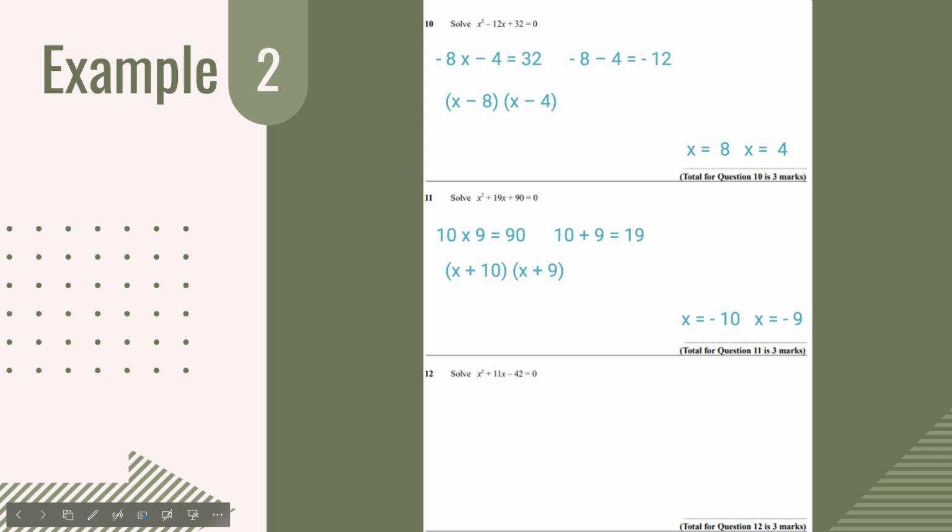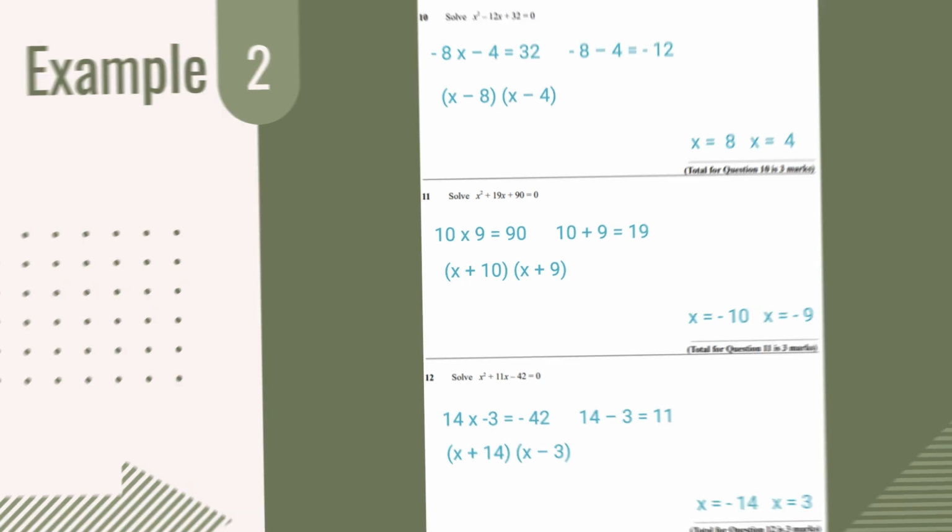Finally, in our third question, we're asked to solve x squared plus 11x minus 42 equals 0. 14 times minus 3 equals minus 42, and 14 minus 3 equals 11. So our brackets are x plus 14 and x minus 3, giving our final answers of x equals minus 14 and x equals 3.